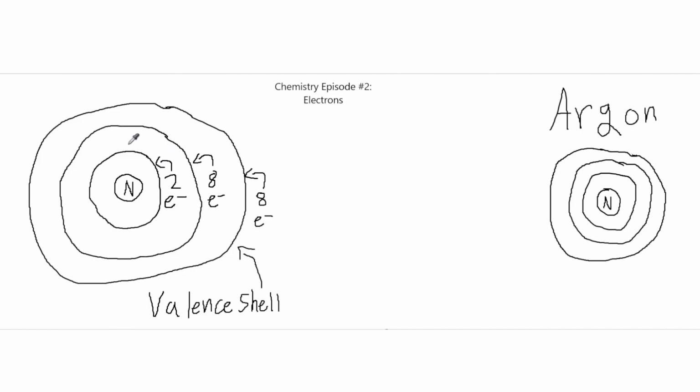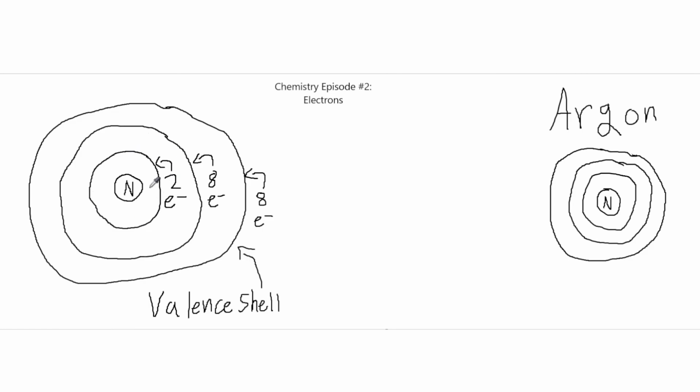Now, the first shell of an atom can hold at most 2 electrons, and in this video I'll also be representing the electrons with e minus. That is how you would represent them in chemistry. So the first shell can hold at most 2 electrons.